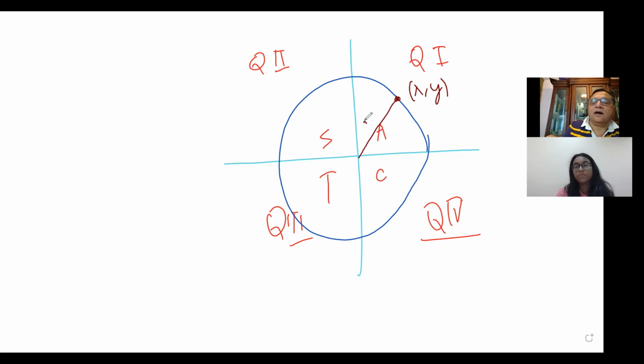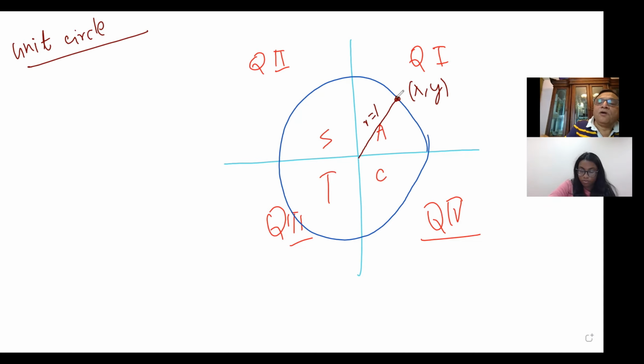And this r is equal to 1 because I'm talking about a unit circle, correct? In that case, if this is the angle, which I'm calling theta now, what is sine theta equal to? Sine theta is the opposite side, which is y, over r, correct? Since r is 1, sine theta is y.